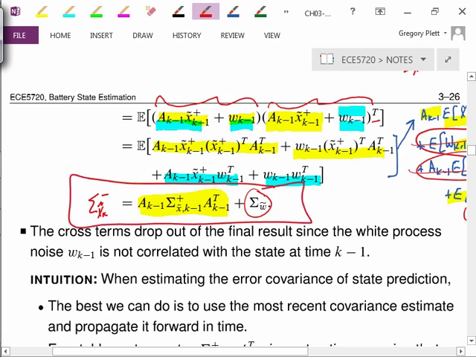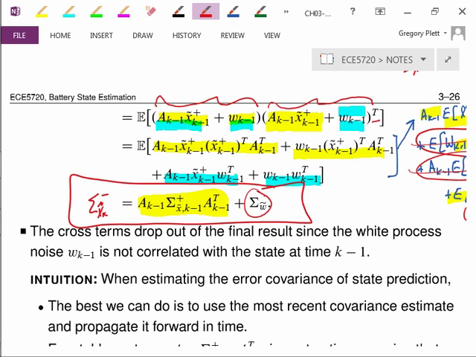So we have updated the uncertainty, the covariance matrix. We started with the uncertainty of the previous estimate, and this is now the uncertainty of the present prediction. And we can gain some intuition from the math of what's really happening here.